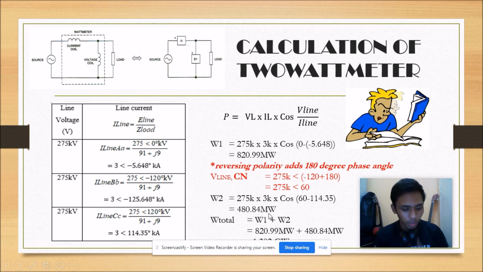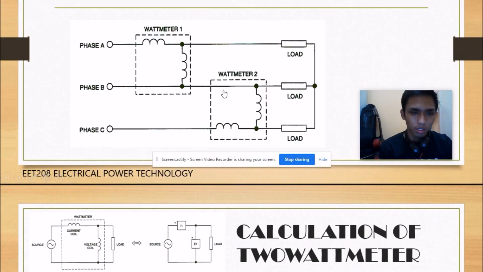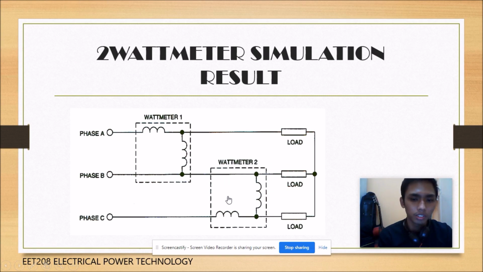And for simulation value, I got 524.55 megawatt. Very different. And to find total power, we just add these two wattmeter values, and I got 1.302 gigawatt for total power. And for simulation, I got 1.420 gigawatt.